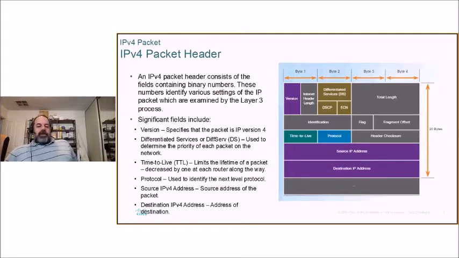And of course, protocol field, it needs to know what transport layer protocol it is delivering this data for. So, of course, the sending machine will know, and so it puts the value in the field there, and so the receiving machine will then know that it's either TCP or UDP typically. And of course, source and destination IPv4 addresses are of interest as well.